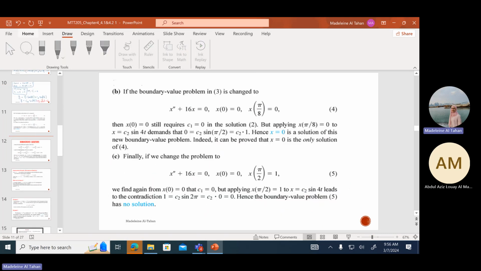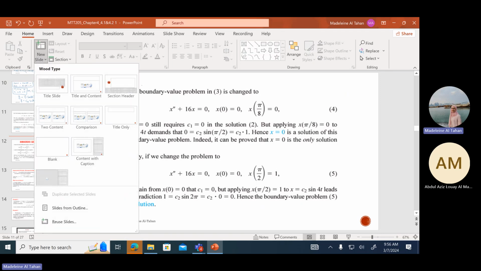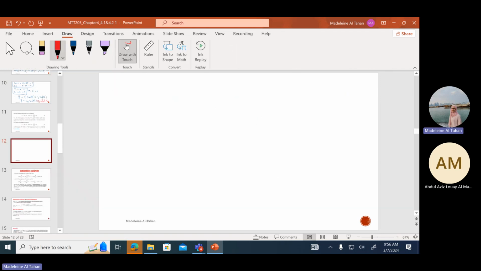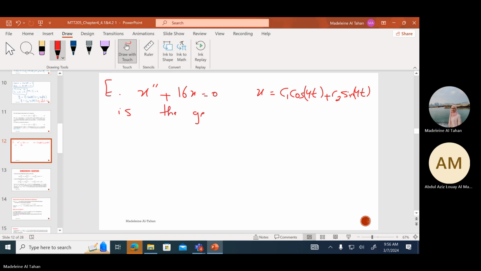The next one that we will solve, let's try this one. So again, x equals C1 sine 4t plus C2 sine 4t is the general solution of the ODE.